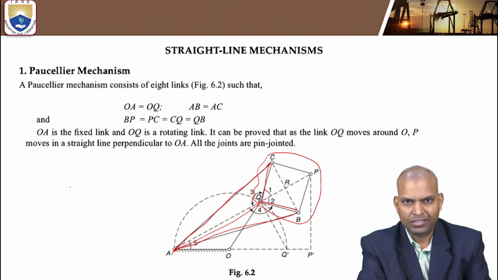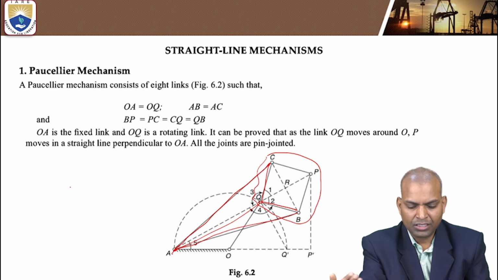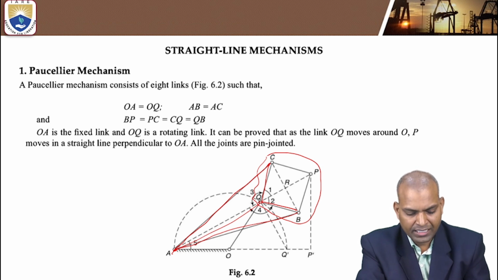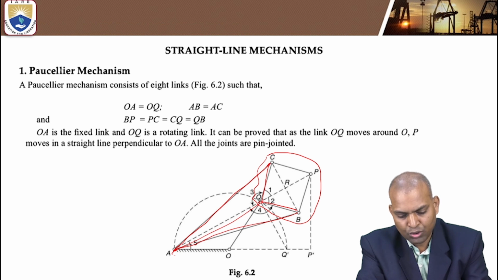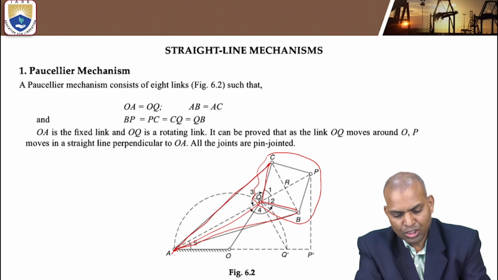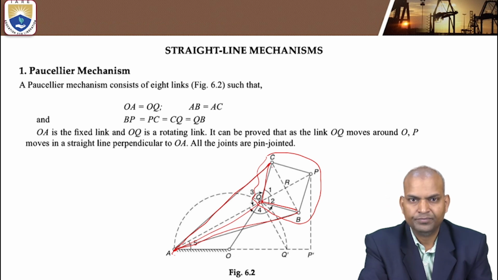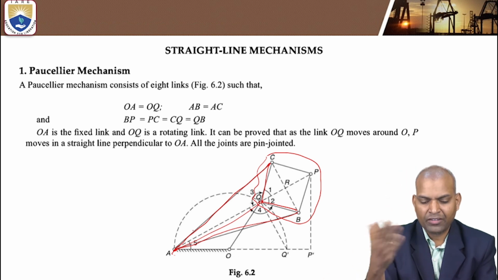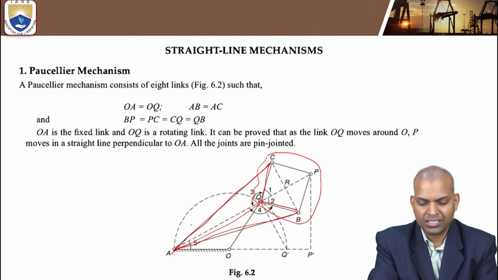How is it equal? What are we doing? The third step: this is bisecting. AQ is bisecting the triangle. Also, this QP is bisecting QBC. If it is bisecting, equal angles will be there. What are the equal angles inside?